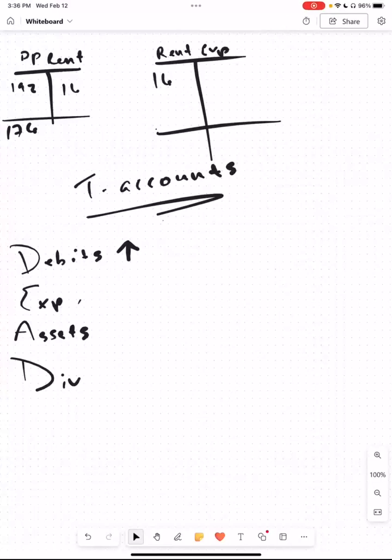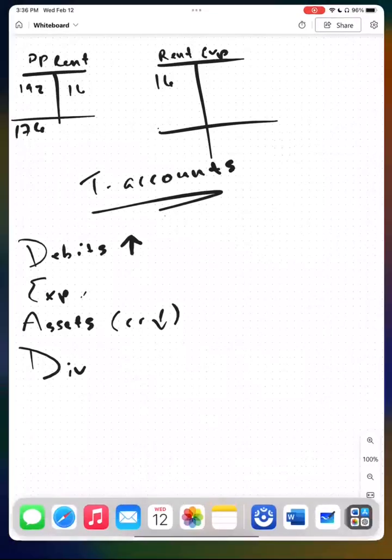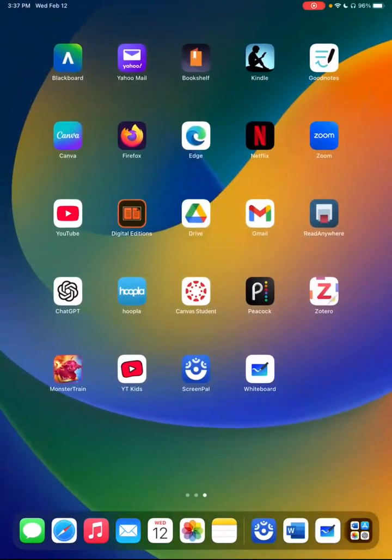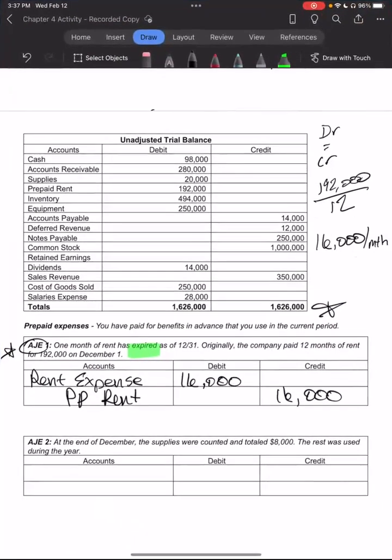It is. And so I'm going to debit that to increase it, which means I need a credit. That credit is the prepaid rent. You could also go, is prepaid rent an expense? No. Is it an asset? Yes. We're trying to decrease it, so we're going to credit it to decrease it, right? So that's kind of why I did what I did right there.